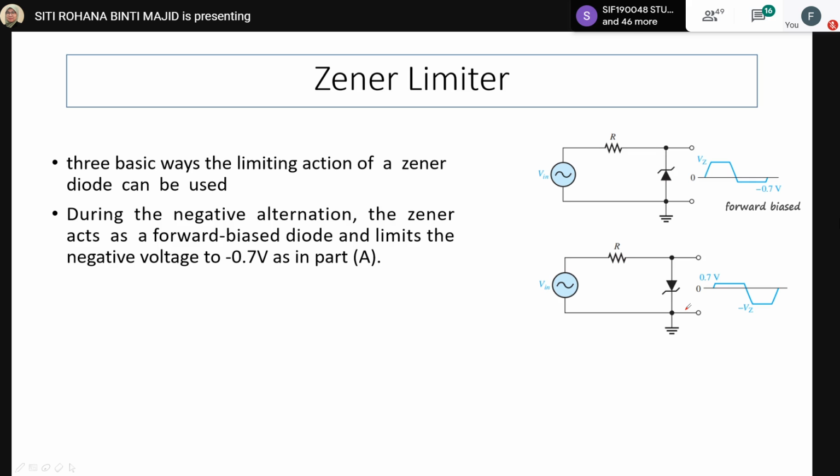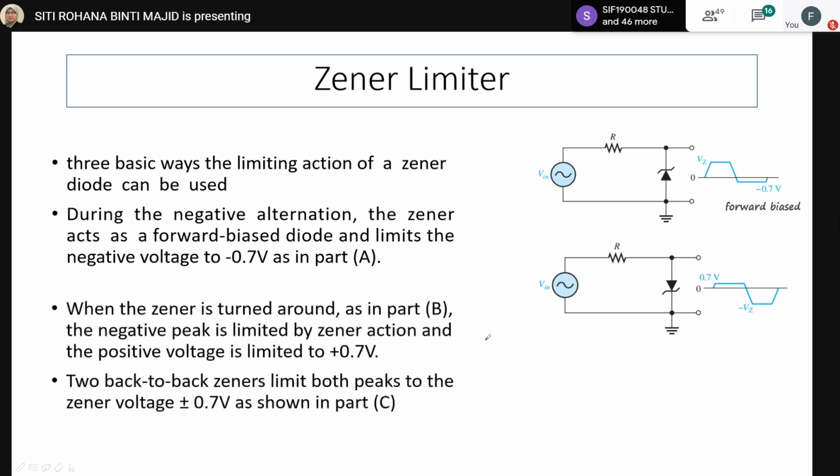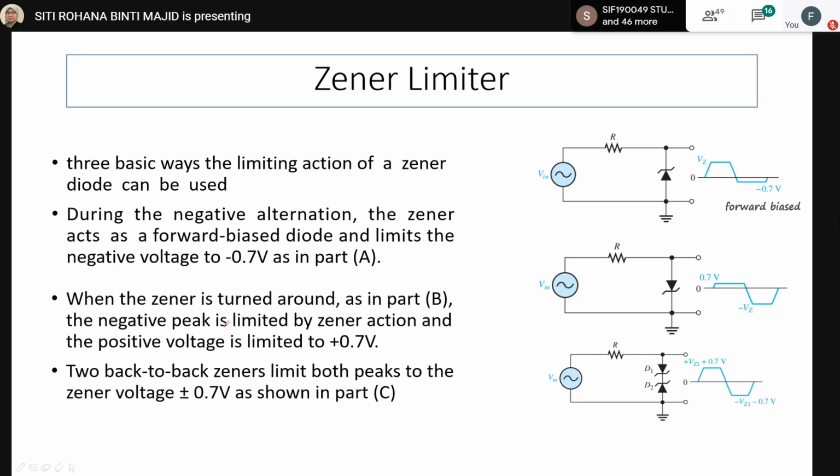That means the positive voltage will be limited to 0.7 volt, and the negative waveform will be limited by the Zener voltage. In other words, the shape of the waveform is vice versa to the first one, because of the orientation of the diode.